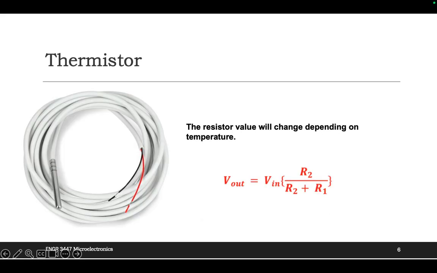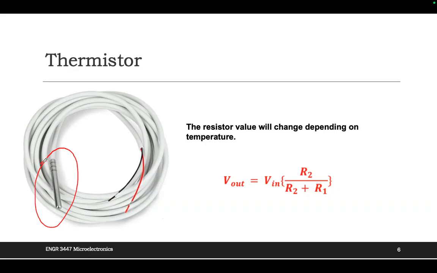In activity 2, we will use the emitter. You can see this one has a head, and it is sensitive to temperature. This cable helps connect it to your circuit.